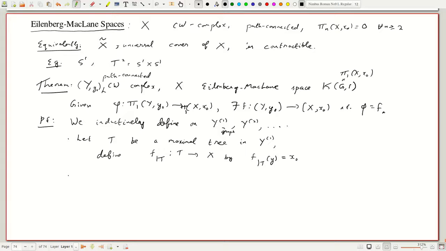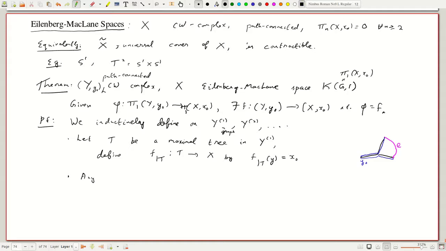Now let's pick an edge which is not in the maximal tree. So here we have a maximal tree, and here we have an edge. Let's call it E, and we want to define F on this. Now remember, there is a path unique up to homotopy, or you can make it canonical by taking a reduced path, joining E to the base point y0. These give you elements in the fundamental group.